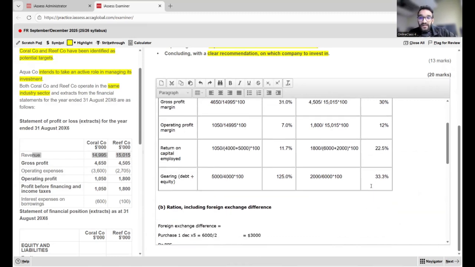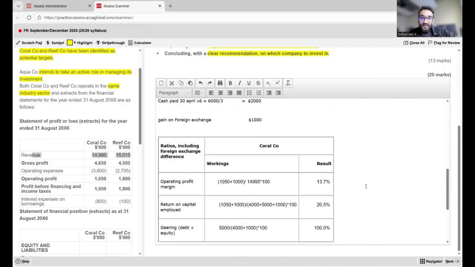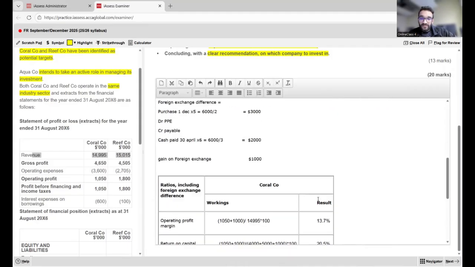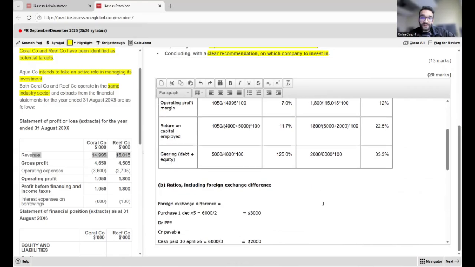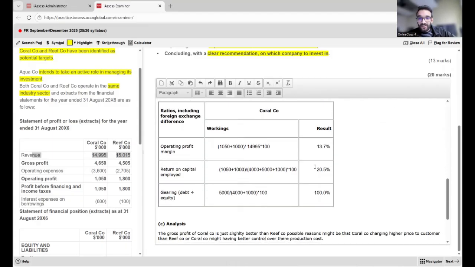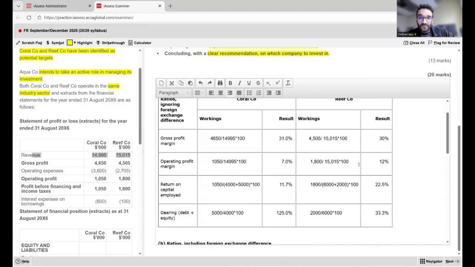And by the way, even before comparing with the other company, I mean before comparing after the results, see it's 22.5%. It was already 11.7, and even after making the adjustment, it is still lower than the reef company. So their operating profit margin is also lower, right?